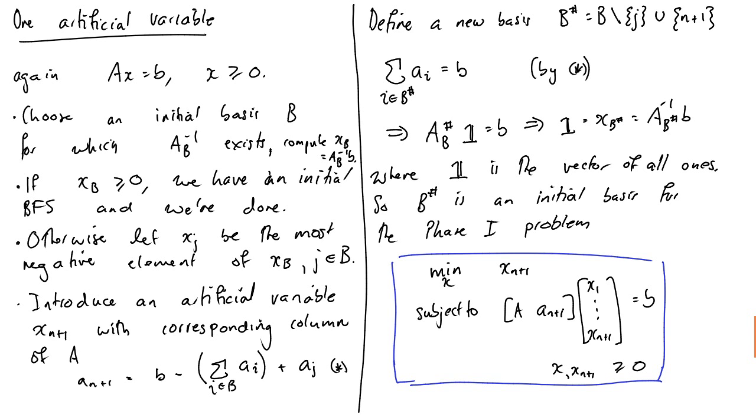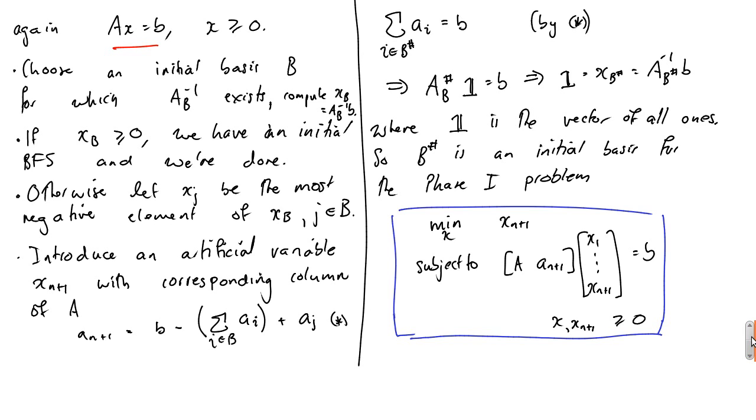If xn plus 1 is 0, then we don't need to worry about A n plus 1, and we'll just have Ax equals b. So if we can minimize this, and the answer is 0, xn plus 1 will be non-basic. We'll have a new basic feasible solution that satisfies Ax equals b, and x is greater than or equal to 0.